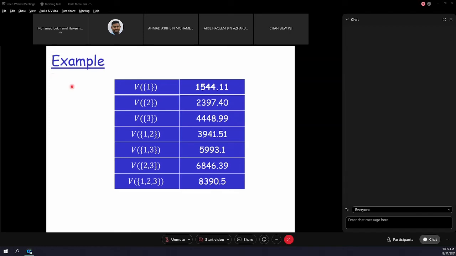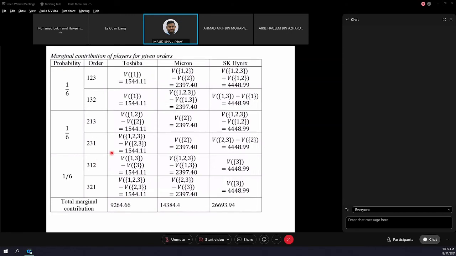Can anyone count for me because I did not bring a calculator? Can someone count for me? 3941.51. Okay, let me call someone to help me. I think it should be minus V1. Yeah, it should be minus V1, right? So the answer is 2397.4. Okay, that's why I'm saying I did it wrong here. It's supposed to be V1, right? Yes, okay. Thank you.